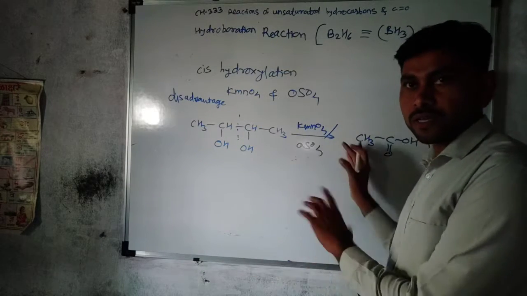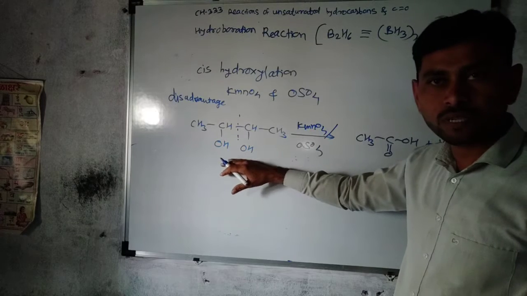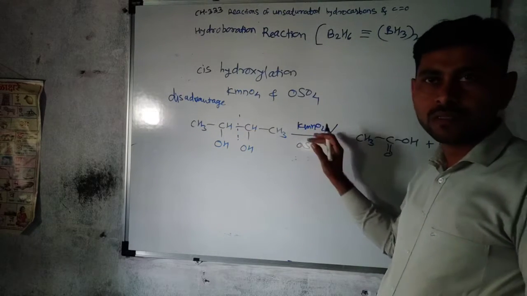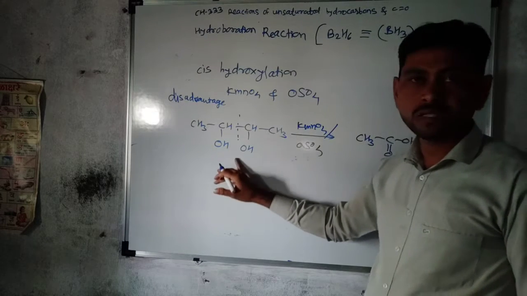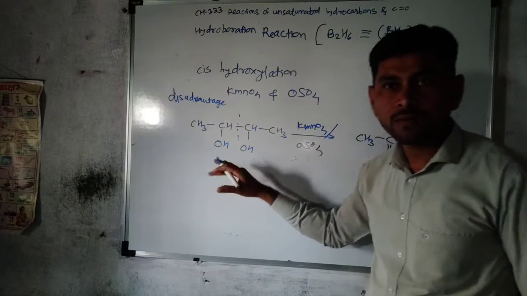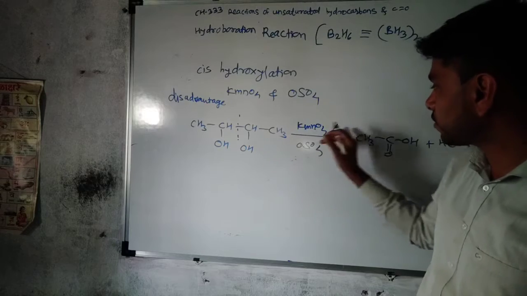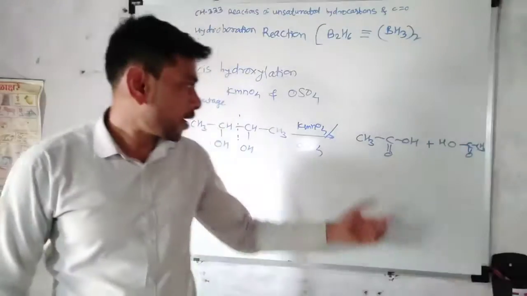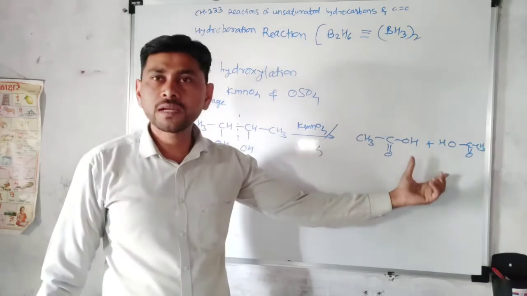It is further oxidized because the diol is susceptible to oxidation by KMnO4. These are strong oxidizing agents, so the reaction cannot stop at this stage and further proceeds up to the highest oxidation, and acid is obtained.